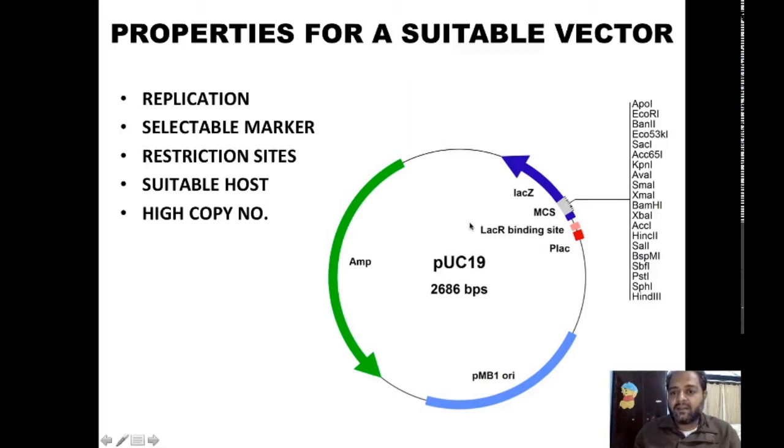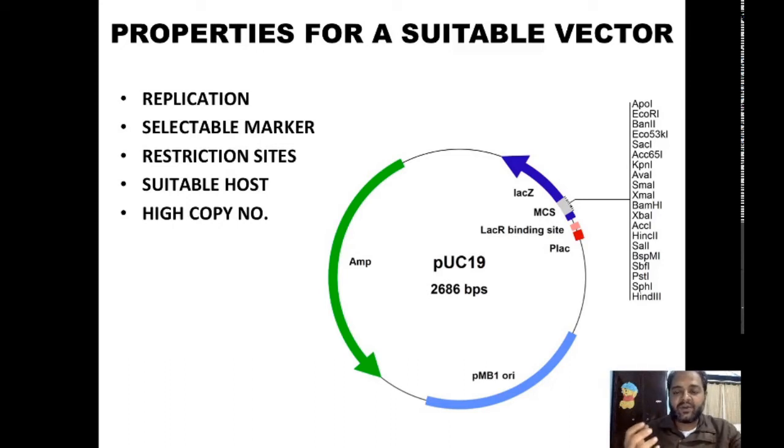Next, the lacZ gene. If you can see over here in blue, there's a lacZ marker. Now this lacZ marker is in two parts. It is broken into two parts. So lacZ basically encodes for a beta-galactosidase protein, and it is in two parts.